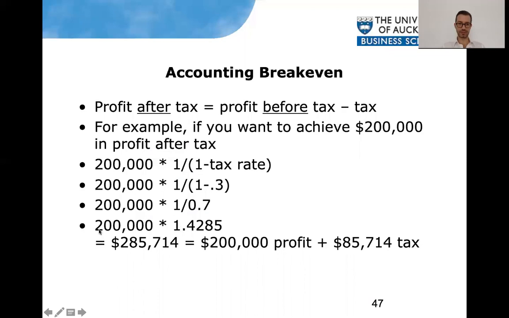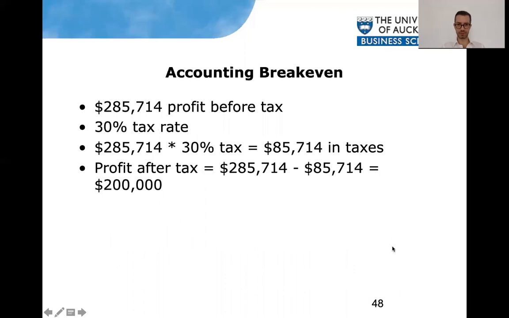So in order to have a profit after tax of 200,000, we need to make a profit before tax of 285,714, which is 200,000 times this. This will equal 200,000 profit after tax, on which we will have paid $85,000 in taxes. Let's see how this works.